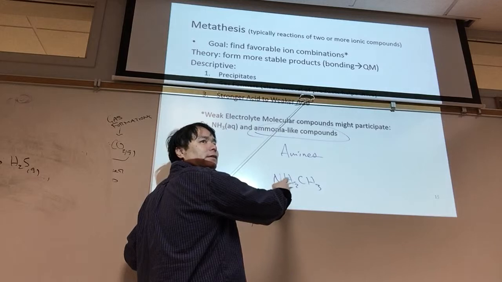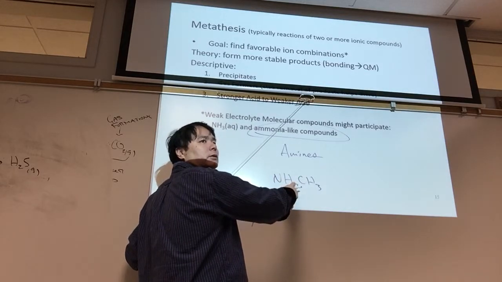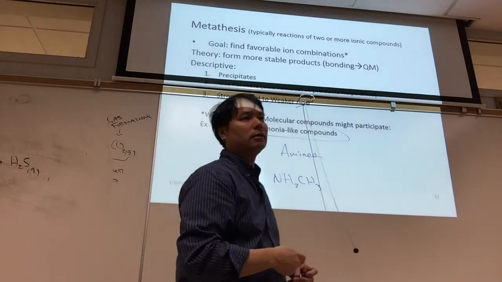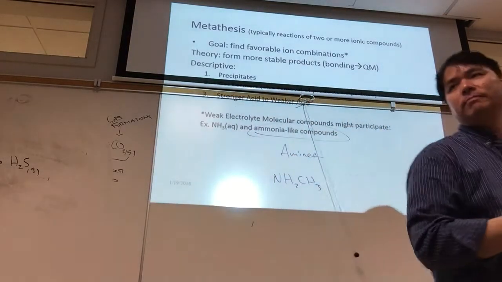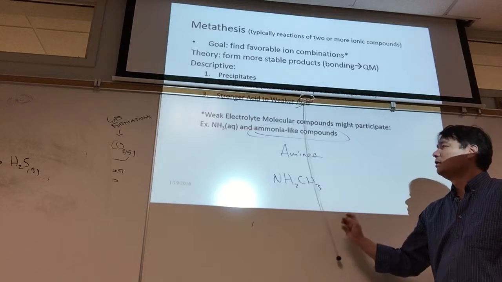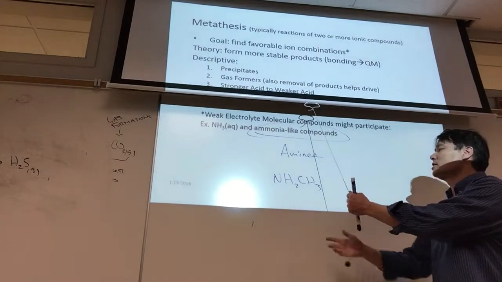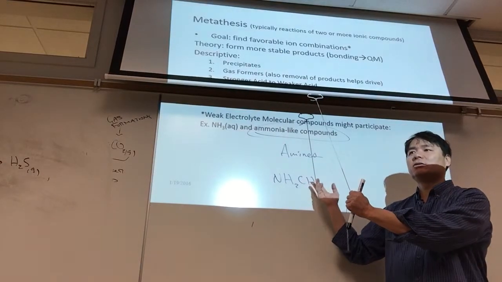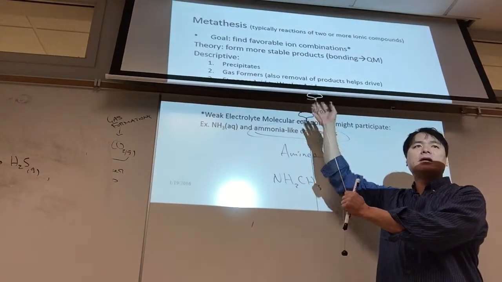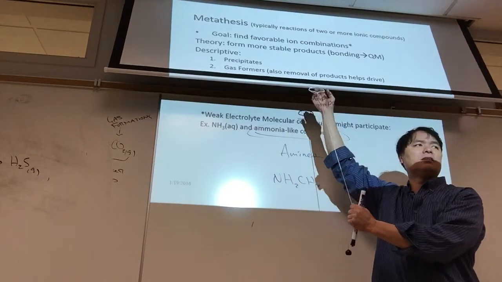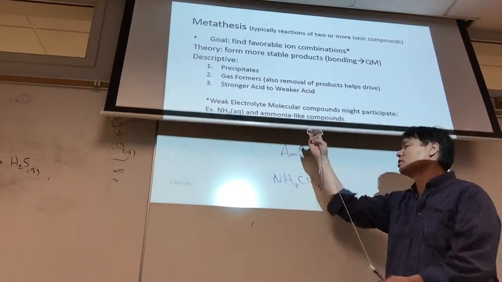Ethylamine, propylamine, dimethylamine, trimethylamine, those are all bases. They're all going to hydrolyze water the same way. It's just that rather than having a hydrogen, you have a methyl group or whatever. But because of the similar electronic properties of carbon and hydrogen, it doesn't change the basicity much.